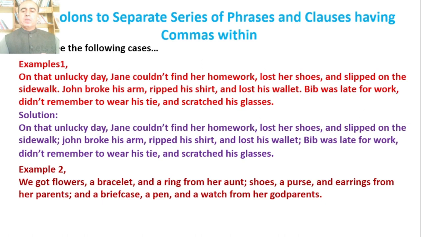Here could be a full stop. Again, then here could be a full stop. We got flowers, we got shoes, we got a briefcase. "We got" has been removed and stated only once, and we have placed all these items of the series into a single sentence.